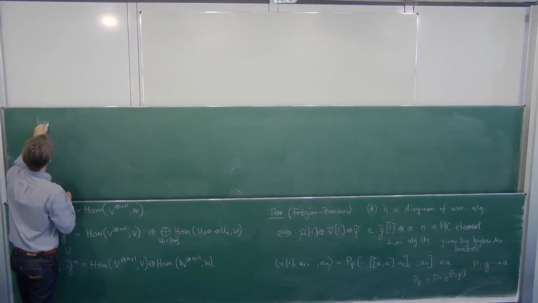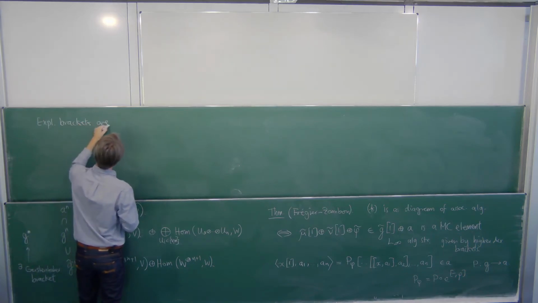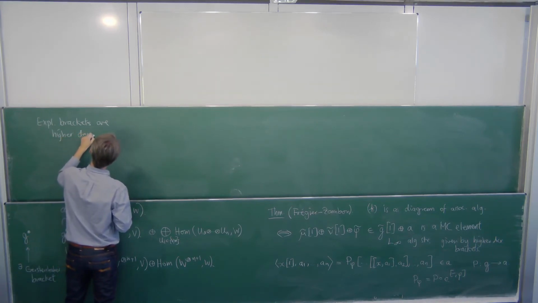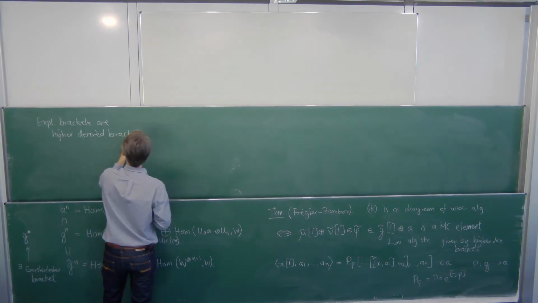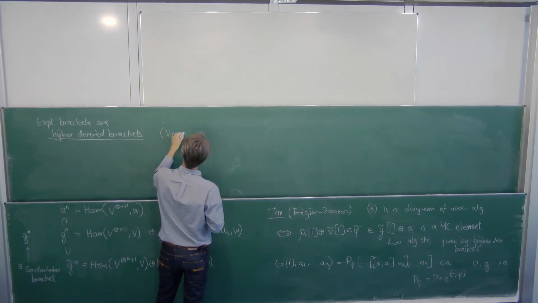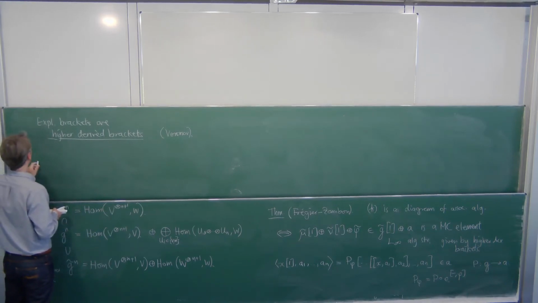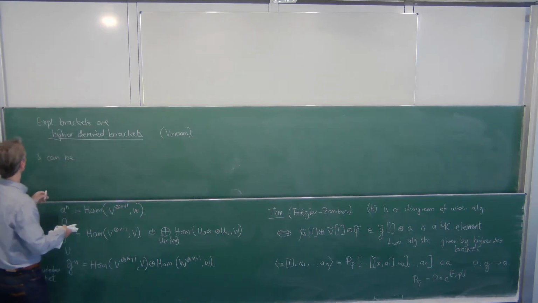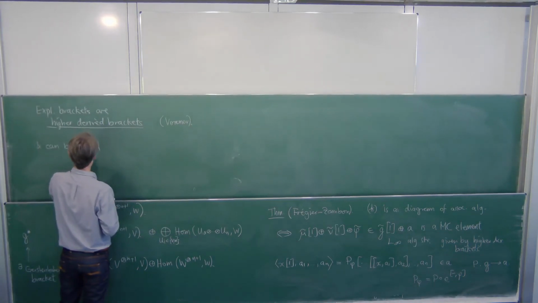So these explicit brackets are called higher derived brackets. And that's the construction by Voronov. And they can be used not just for associative algebras, but also other simultaneous deformation problems.